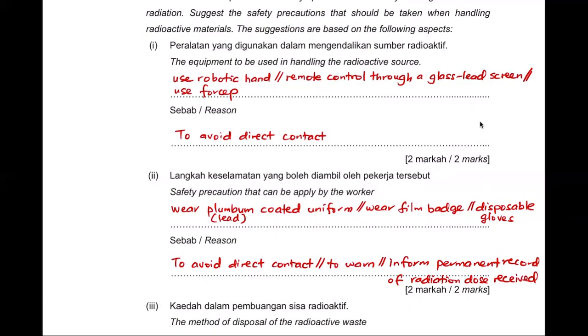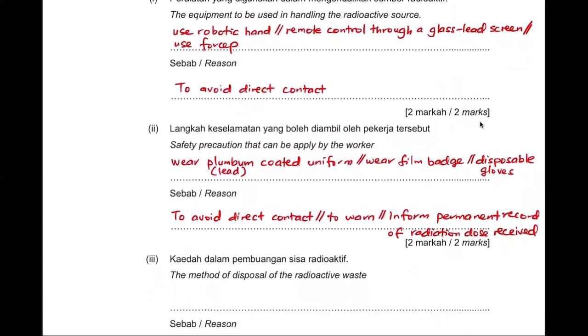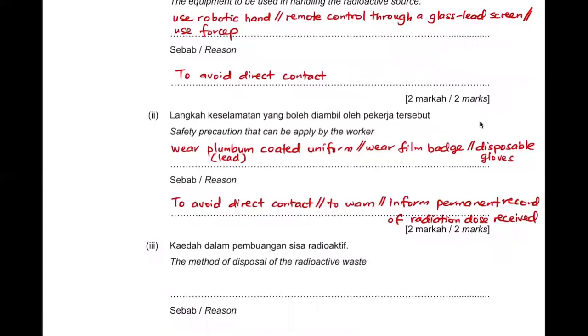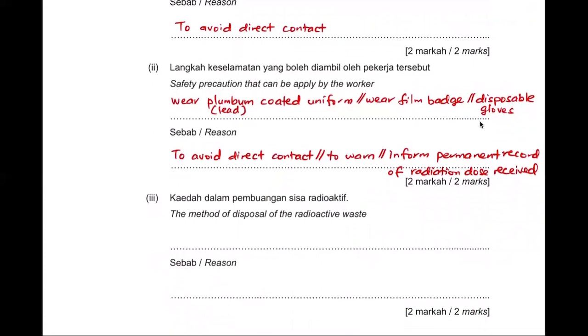If the film badge has turned black, means he has been exposed to a high dose of radiation. So he should get out from that place as soon as possible.